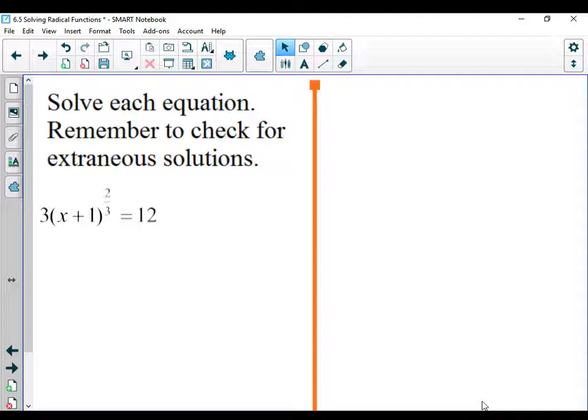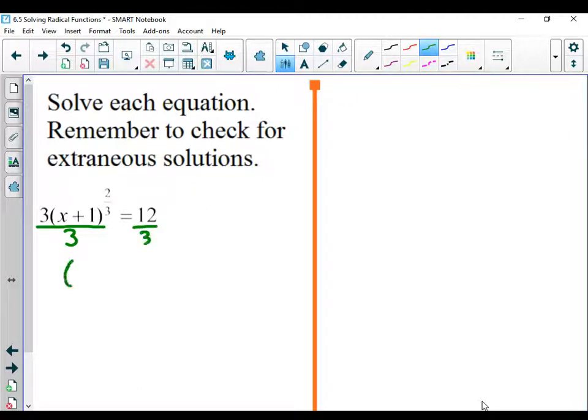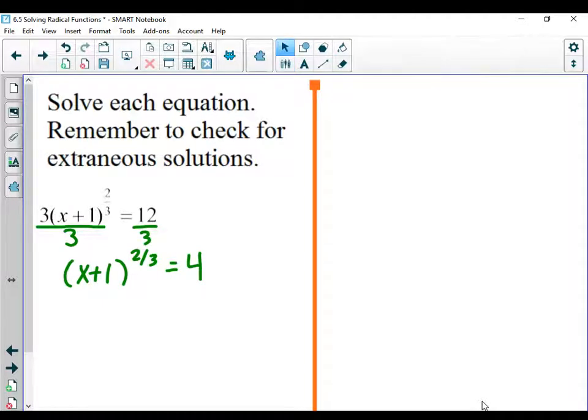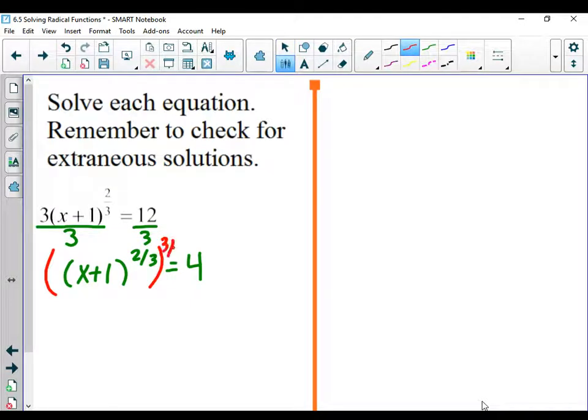So we want to get the term with our rational exponent by itself. We got to get rid of that 3. Okay. So then I'm going to raise both sides to the reciprocal. Okay. So if it's 2/3, I'm going to raise it to be 3/2.